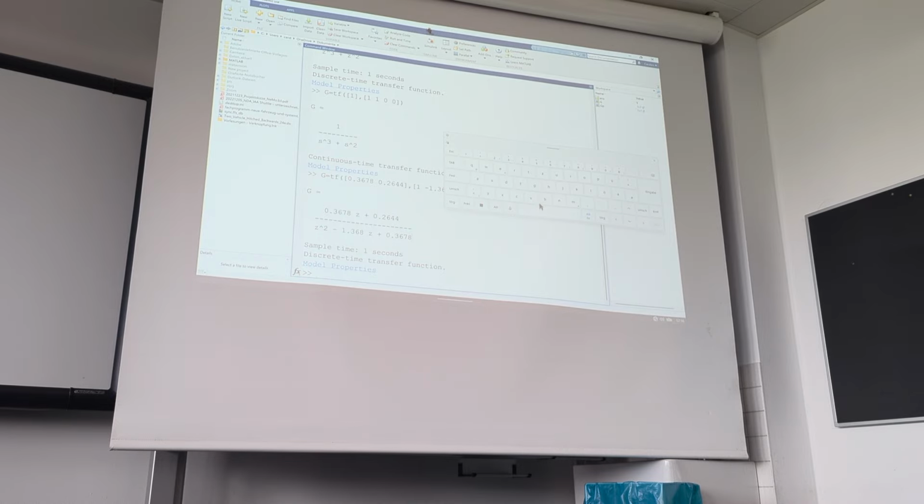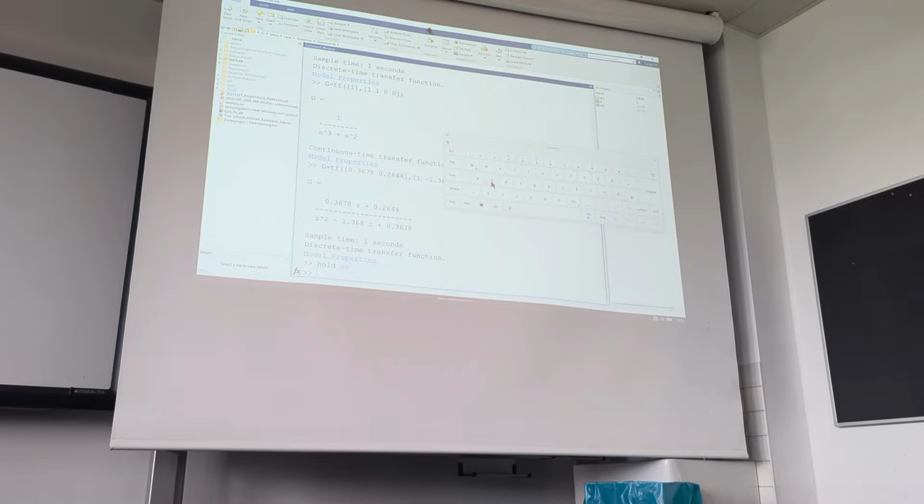So now I can say, do we still have our figure? Yes, we do. And now I can say hold on, in order to make sure that with the next plot, the old one is not deleted.